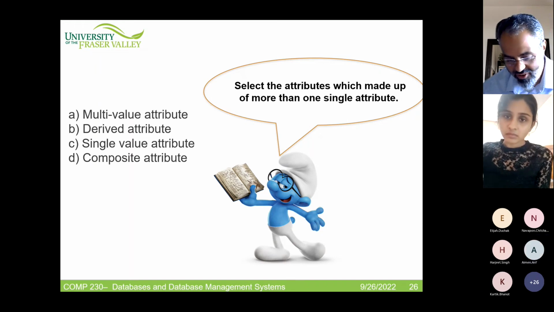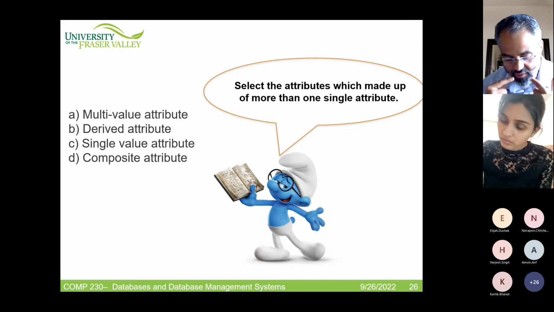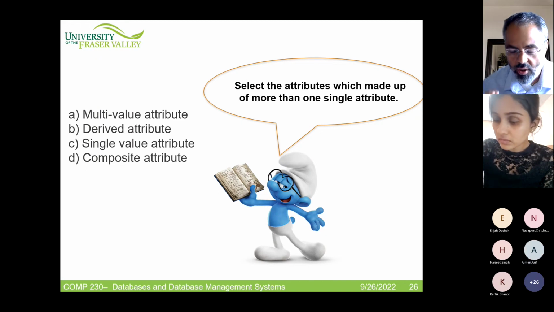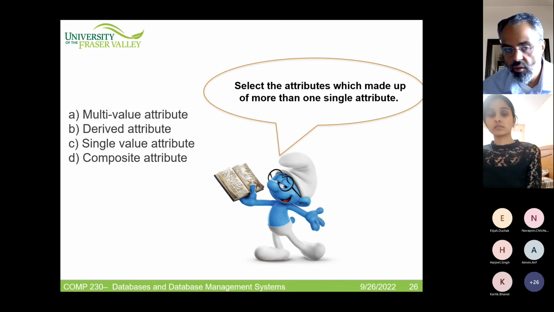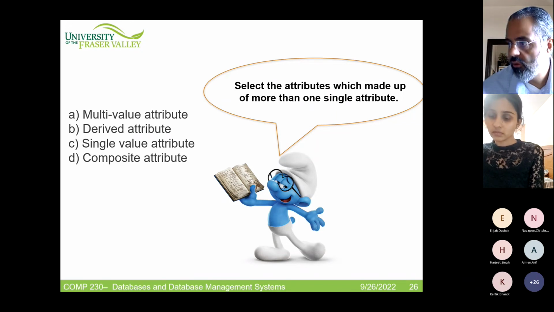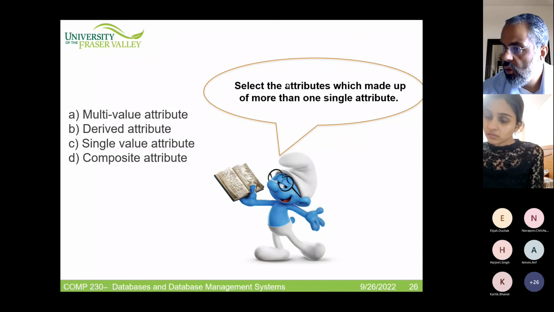Don't worry, I know it's something new for you, but I have to be sure that you are using the correct terminology. So it will be composite, broken down into different attributes. The attribute which is made up of more than one single attribute is a composite attribute. If it is more than one single value, then it will be a multi-value attribute. Do we have something in the chat? No, there is no question in the chat so far.